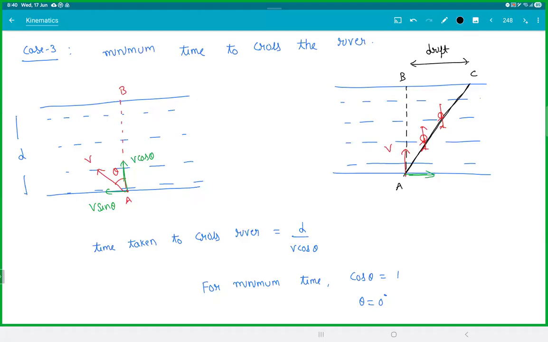So you won't reach B in minimum time. You will go somewhere else. There. So the time minimum is D by V. That BC is called a drift, the horizontal distance along the river.